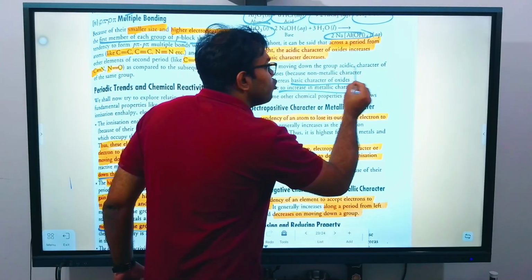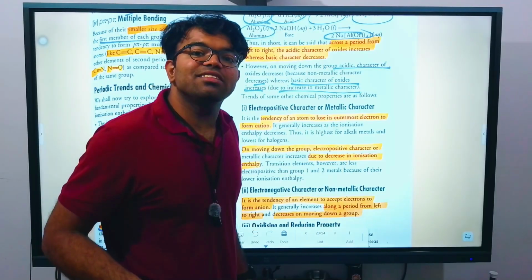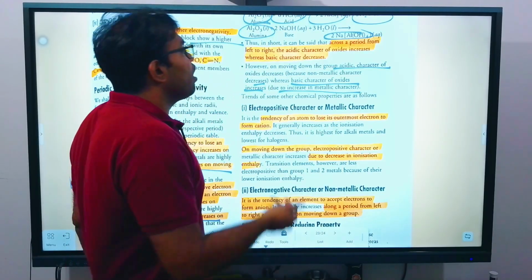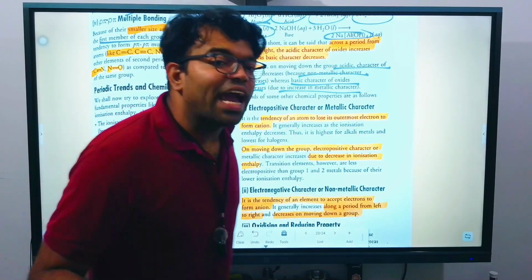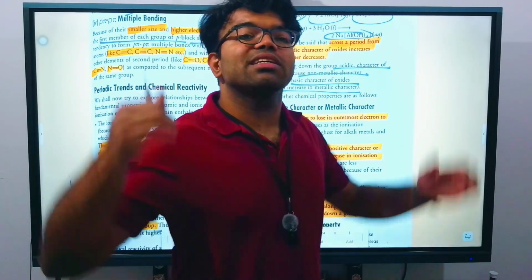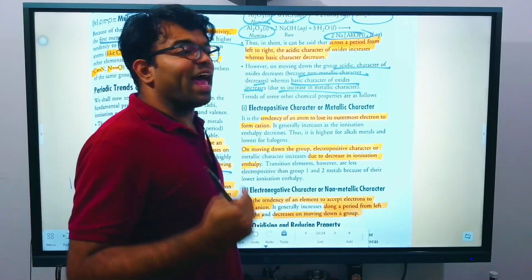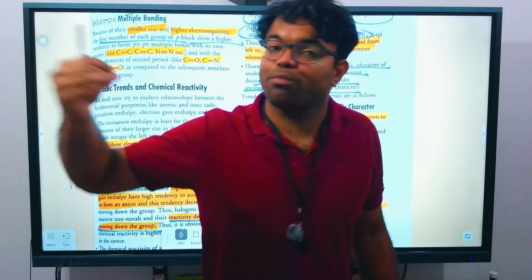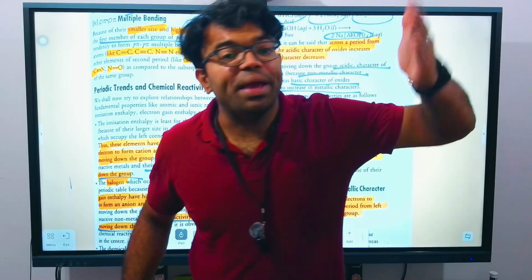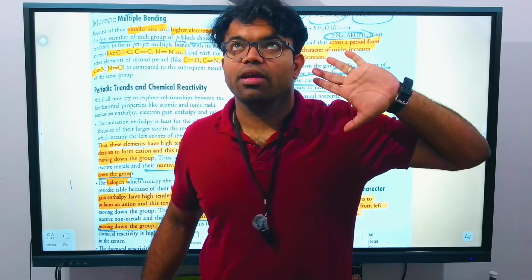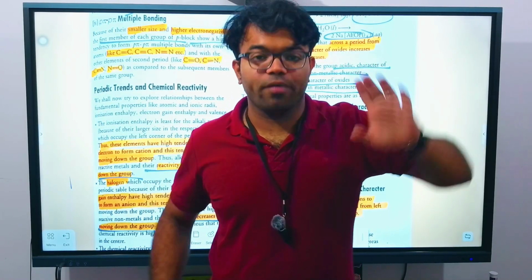On moving down the group, the acidic character is decreasing because the non-metallic character is decreasing, whereas the basic character is increasing because the metallic character is increasing. Sorry, I said it the wrong way.